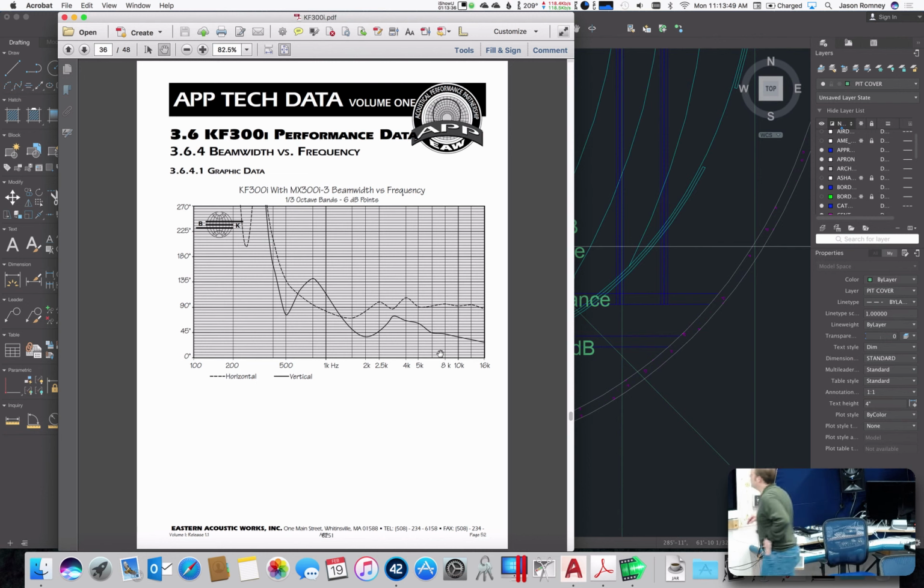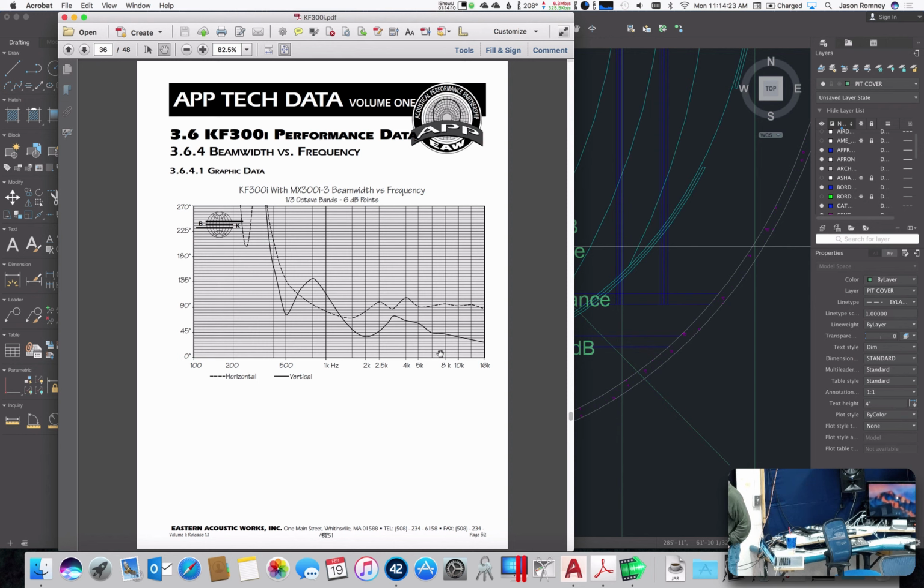You see how we have, for the horizontal, pretty constant directivity. I mean, there's not a whole lot of deviation from 1K and above. Lots of deviation below 1K. On the vertical, there's a little bit more deviation, but still not as dramatic. So you're looking for something that has a pretty consistent beam width around 1K and above.